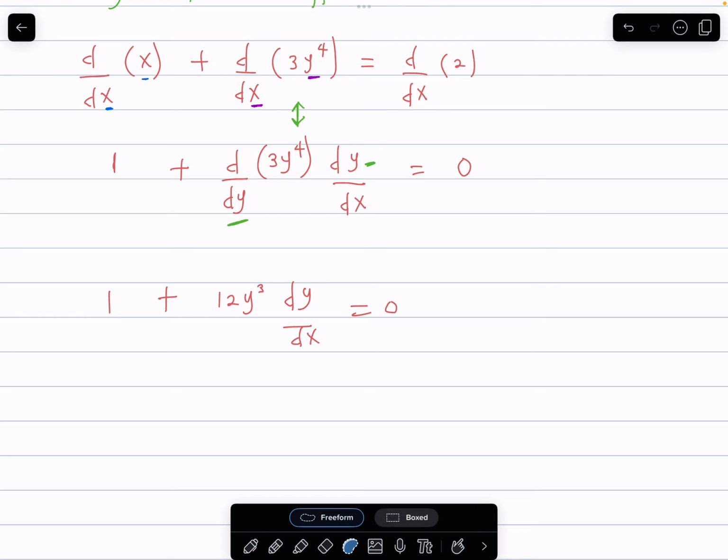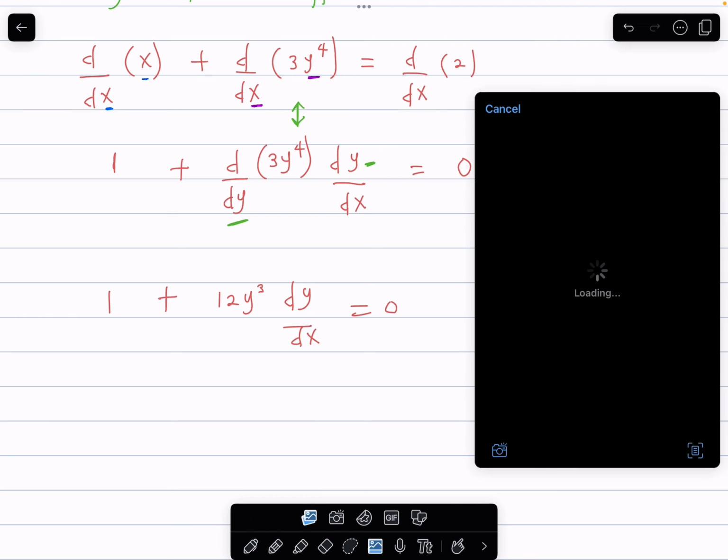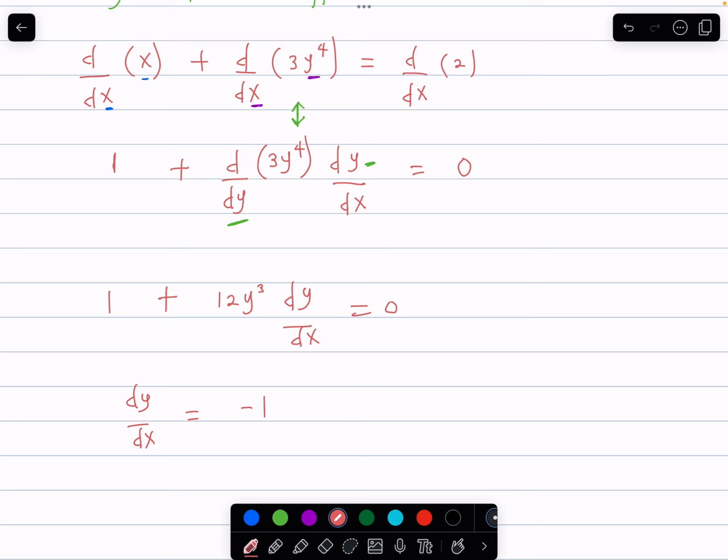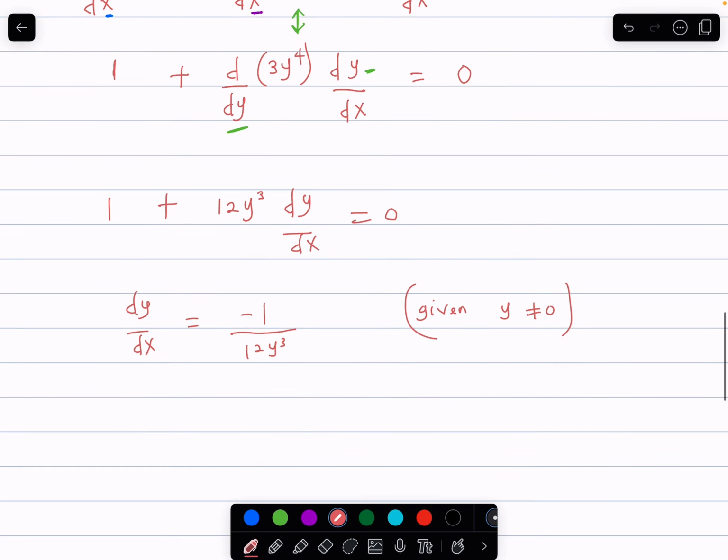If I subtract 1 from both sides, I have dy/dx equals negative 1 divided by 12y cubed, provided that y is not equal to 0. So my dy/dx is just going to be exactly this.